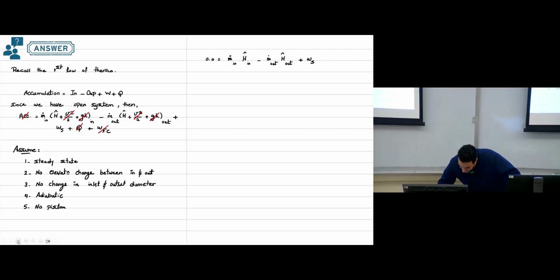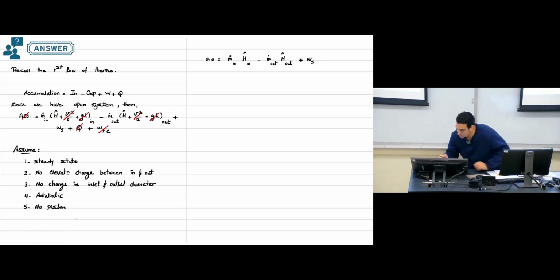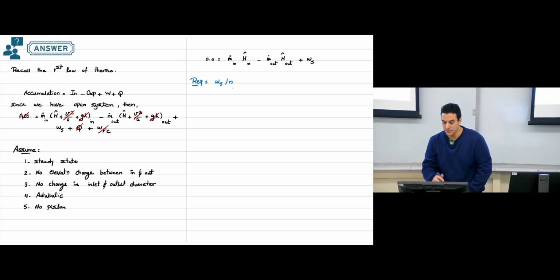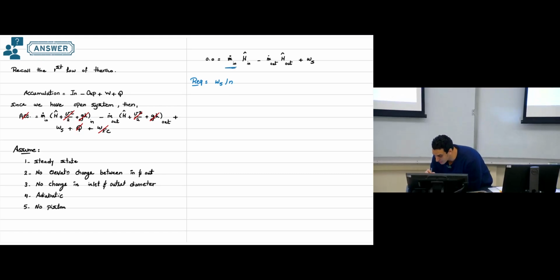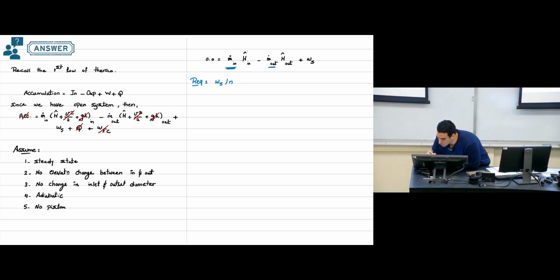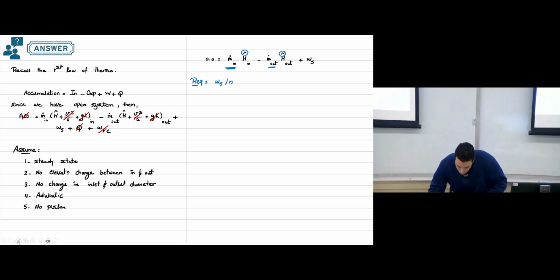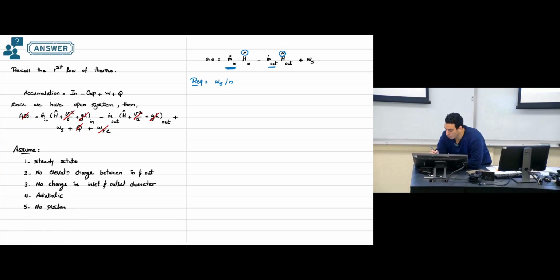If we recall, in the example it's required to calculate the shaft work per number of moles. Here in this example we don't have number of moles, we have mass. This is why we are using specific enthalpy. So we can adjust the equation to be consistent with the requirement that we have here.